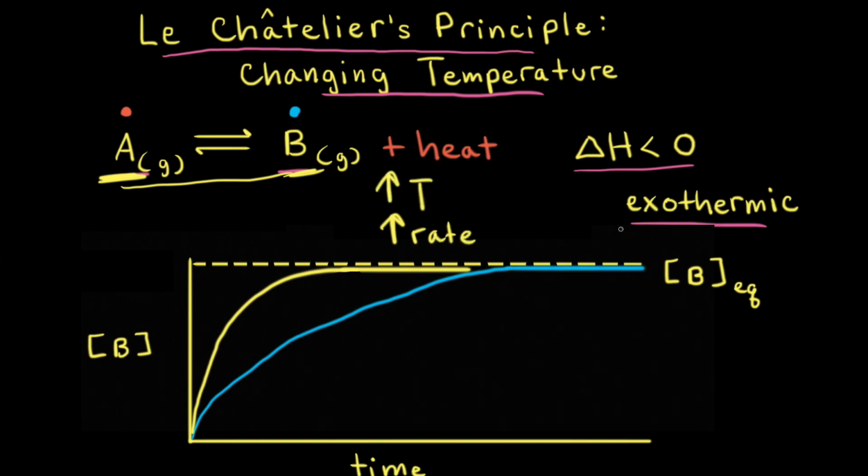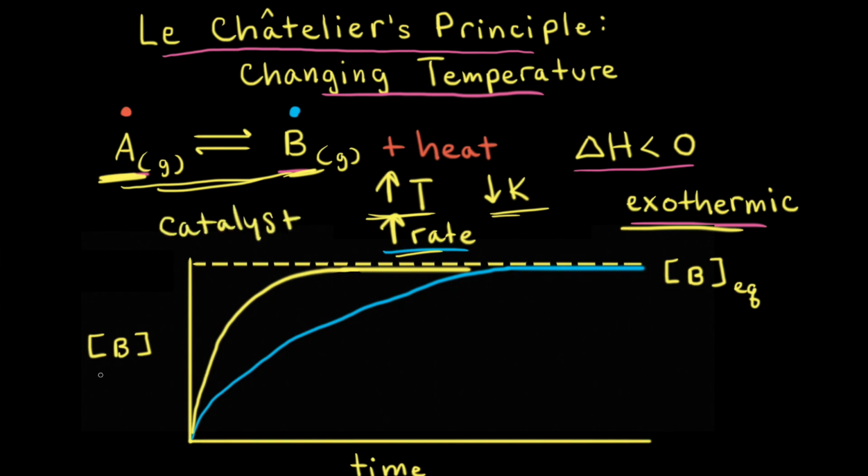However, for an exothermic reaction, increasing the temperature decreases the equilibrium constant K. And if you decrease the equilibrium constant K, you would decrease the amount of B that you would have when you reach equilibrium. So we can't run our hypothetical reaction at too high of a temperature because that would decrease the equilibrium constant. So instead, to speed up the rate of the reaction, we could add a catalyst.